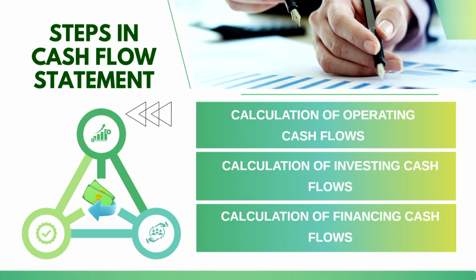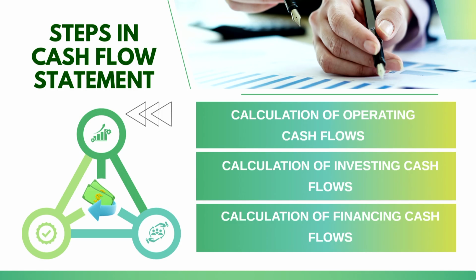Moving further, when you talk about calculation of investing cash flow, essentially it accommodates the cash inflows and outflows arising out of investing activities, which reflect the acquisition of fixed assets, investment in other companies, purchase of non-current assets, similarly the sale of fixed assets, the sale of non-current assets and so on and so forth.